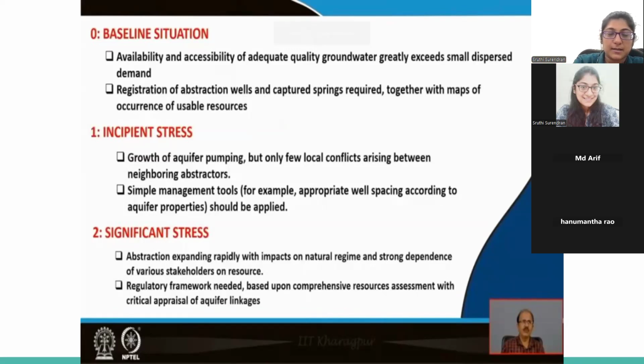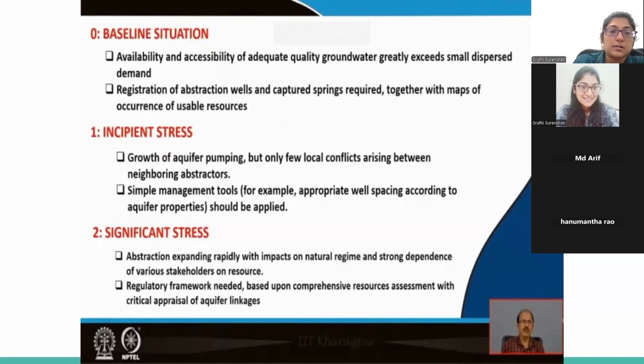Now, a significant stress is when the abstraction or extraction of groundwater has rapidly increased, and this is causing a depletion in the resources, and also there are a lot of other problems or negative impacts associated with the extraction of this groundwater. Then that stage is called a significant stress.